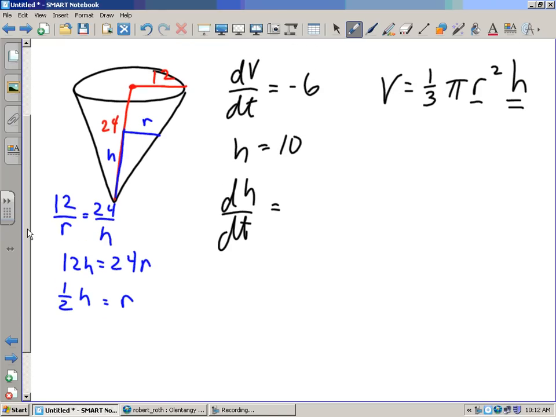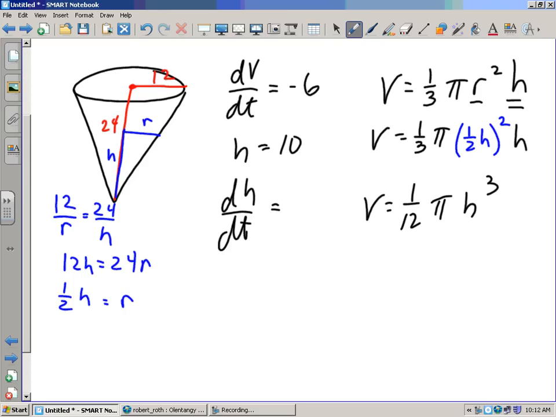Let's go back to our volume equation and make that substitution for r. Doing some simplification, 1/12 pi h cubed. So now we have the volume equation in terms of the height.